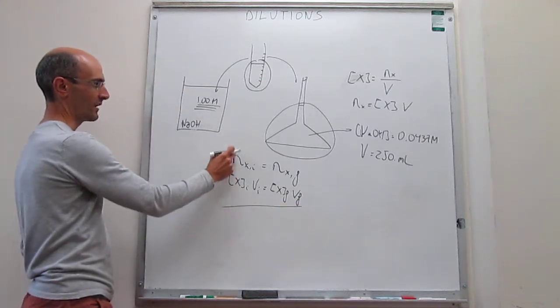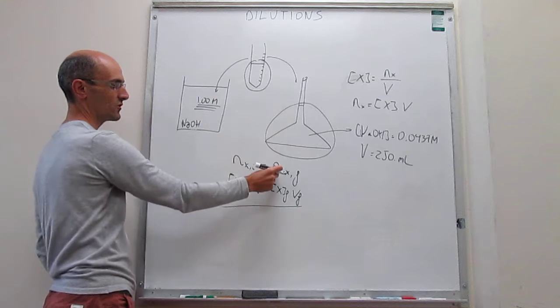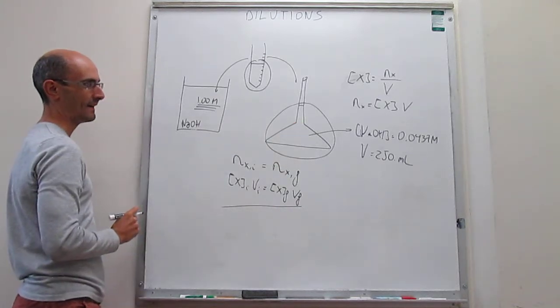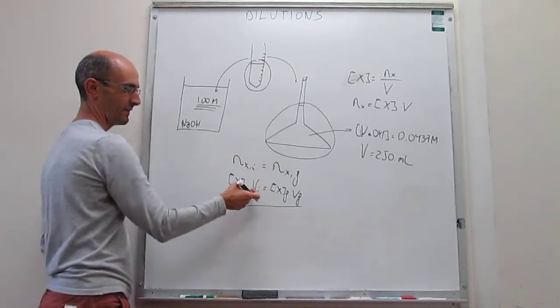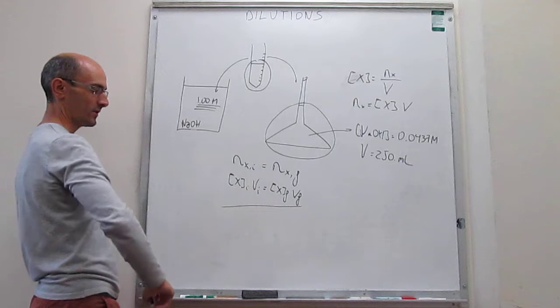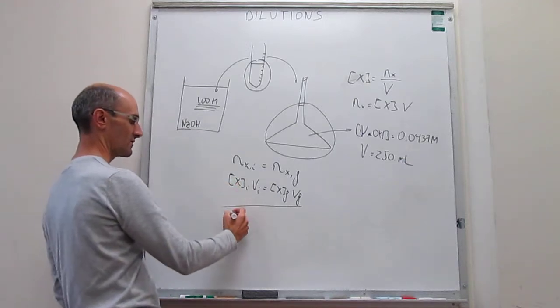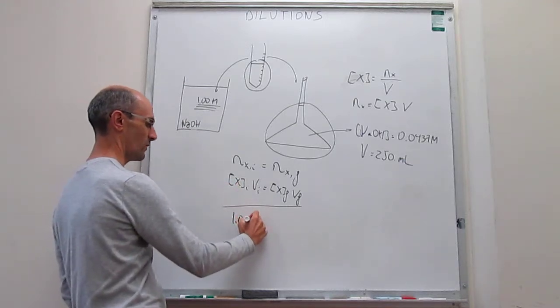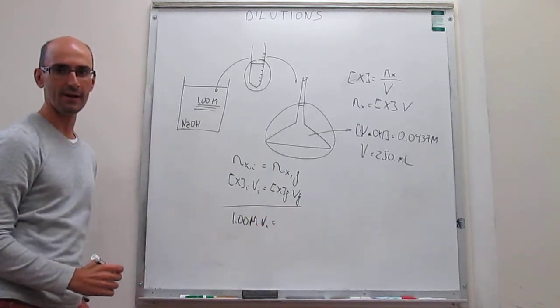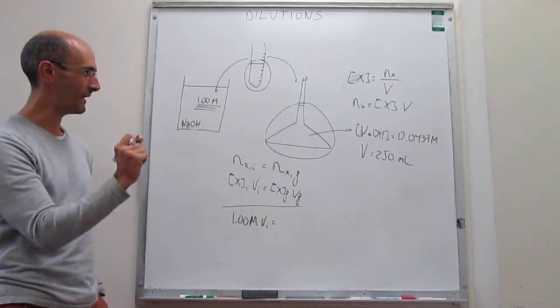The number of moles that I take out from the stock solution is equal to the number of moles I will have at the end in the volumetric flask, and the number of moles is given by the molar concentration times the volume. Notice that my initial concentration, the stock solution, is 1 molar. The volume is what I'm solving for. I need to know exactly how much volume to pipette out.